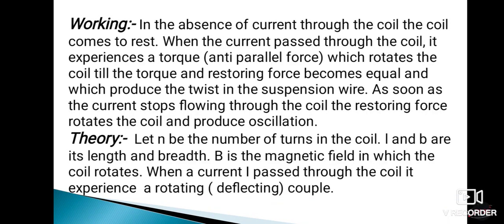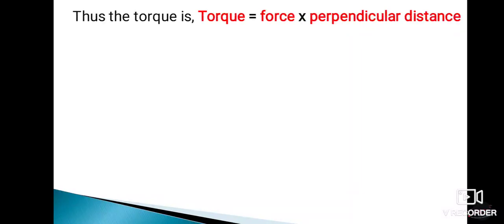Because of the torque, it starts to rotate, so we call it a rotating couple or deflecting couple, and that torque will be given by force into the perpendicular distance. Therefore the deflecting couple, we can mention it as CD. So CD is equal to force F into the perpendicular distance, which is nothing but the breadth here.